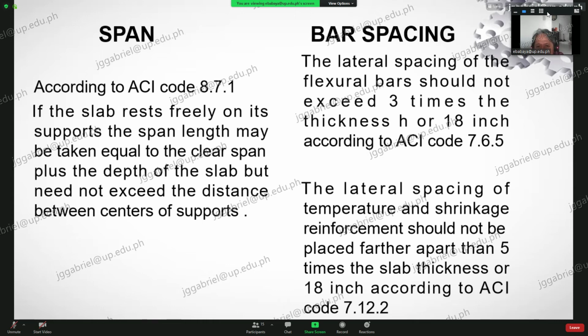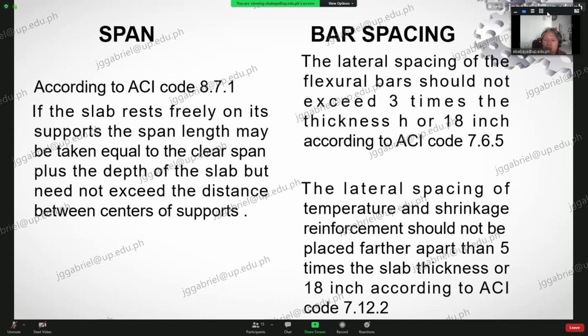We have flexural bars. The flexural bars should resist flexural stresses or moment forces. These are along the length of the slab, or specifically they are perpendicular to the length of the slab.